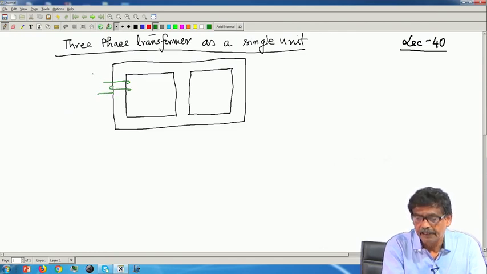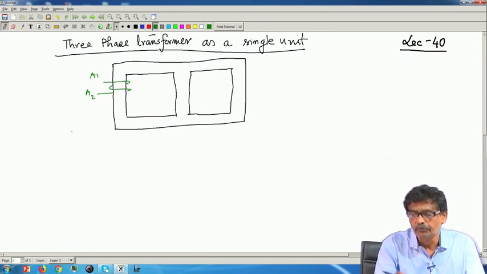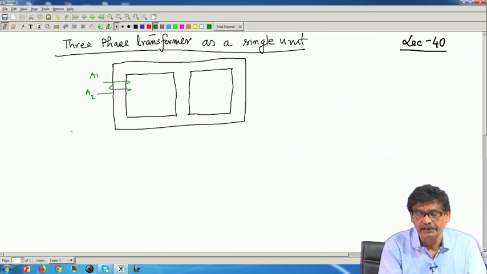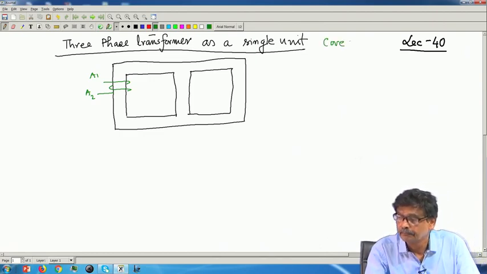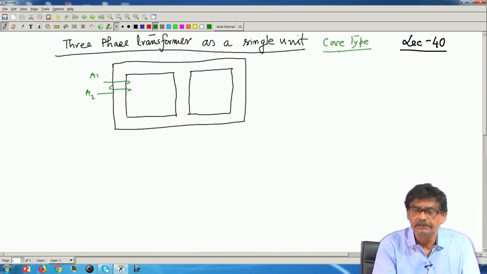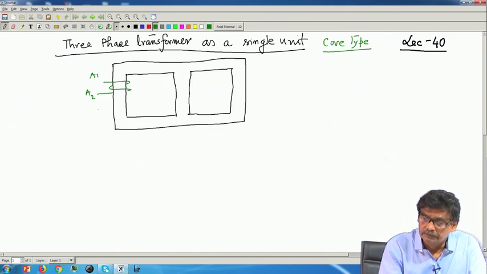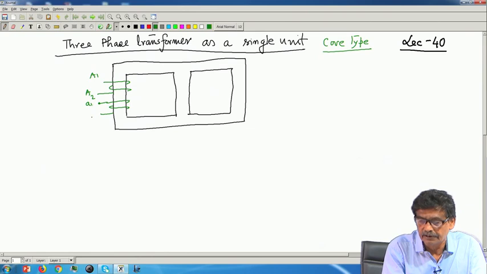say A1, A2, and its secondary, instead of putting it some other place. We should not do it in the case of a 3 phase core type transformer, which is very easy to construct. And then you have its secondary, and these terminals will be marked as A1, A2.